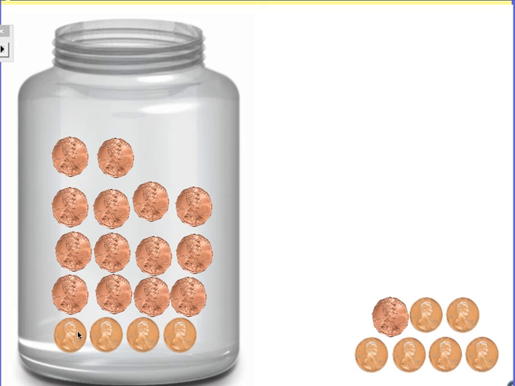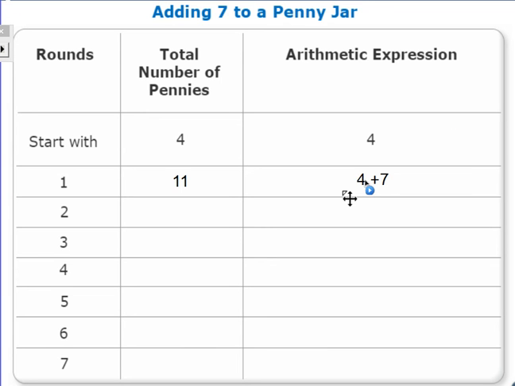I could do 4 plus my 7 I did, plus 7 more, which would give me 18. I knew I had 11 before, and I added 7 more, so that would be 18. Let's look at our chart, and I know I have 18.